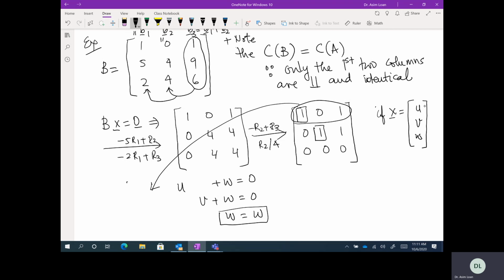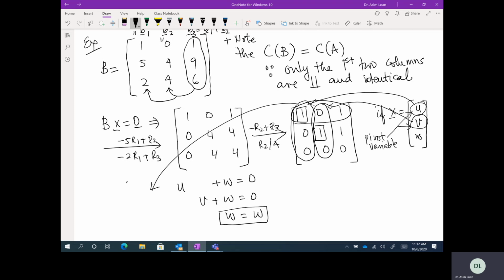So we say these are pivot variables. Why? Because this u corresponds to the first column. This v corresponds to the second column.